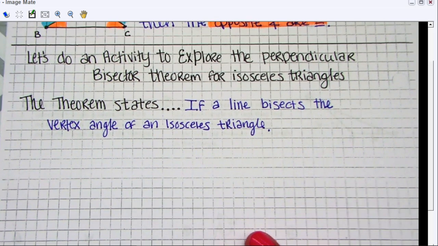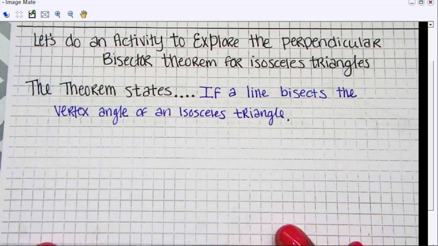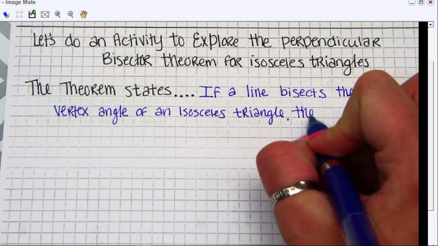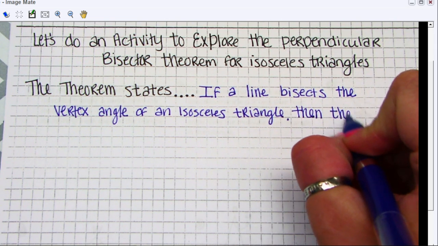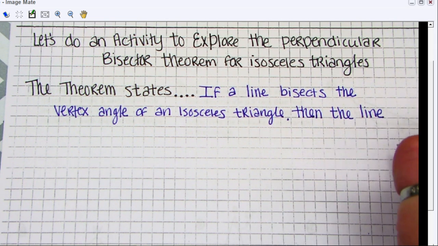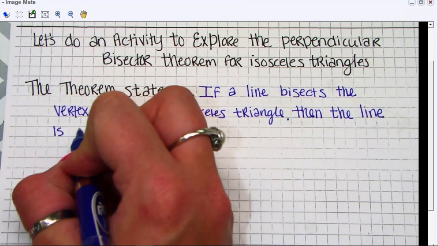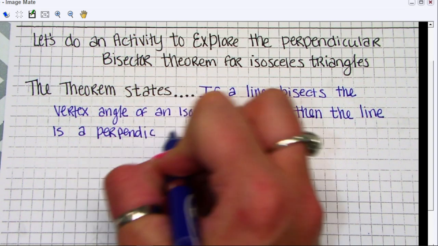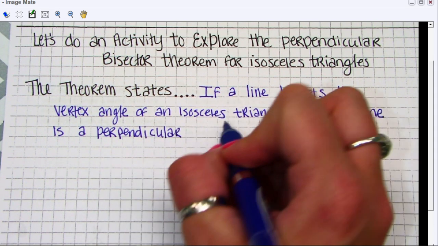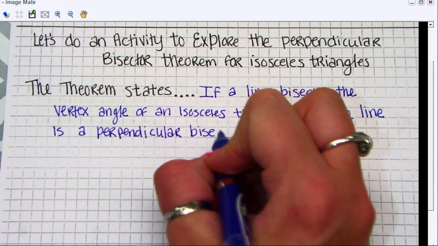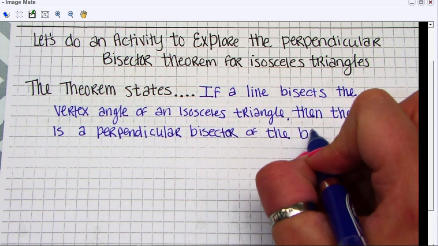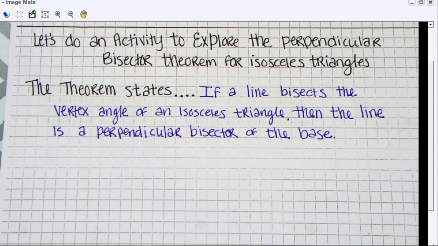If a line bisects the vertex angle of an isosceles triangle, then the line is a perpendicular bisector of the base. So I'll give you a second to write that down. It's a lot of words, but we're going to draw a picture down at the bottom to make it a little bit easier.